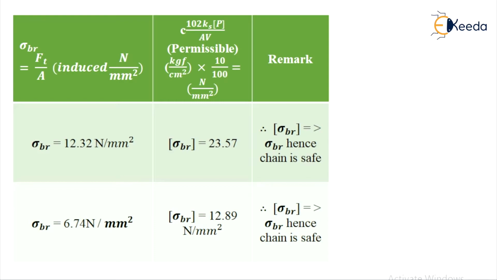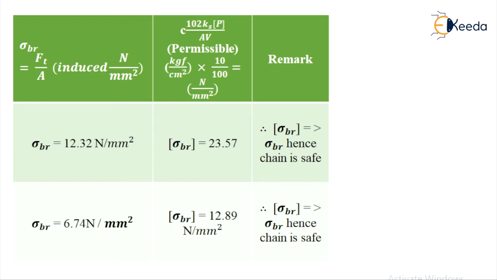Next, we have calculated permissible bearing stress with the formula 102 into Ks into P in kilowatt divided by AV. So the answer for chain 16A1 is 23.57 Newton per mm square, and for the chain 20A1 is 12.89 Newton per mm square.